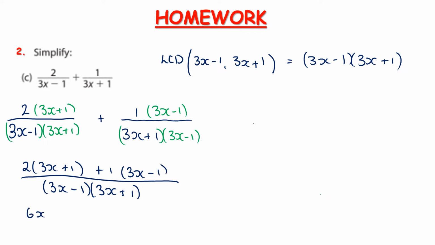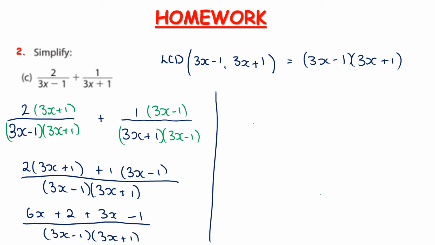That is 6x plus 2 plus 3x minus 1 all over 3x minus 1 times 3x plus 1. I now have 9x plus 1 all over 3x minus 1 times 3x plus 1.